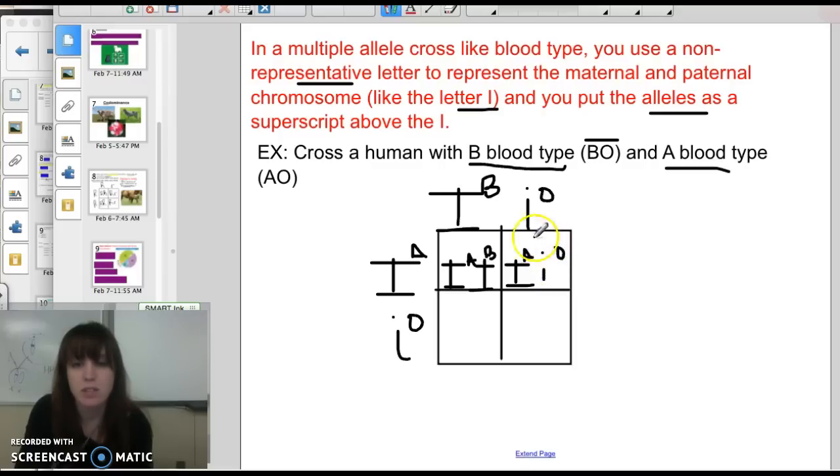And since O is recessive, the blood type is only going to be A. With this one, same kind of idea, dominant B from the mom, and then the recessive O from the father. And so this person's only going to be blood type B. And then this person receives both recessive chromosomes, meaning that it is blood type O.